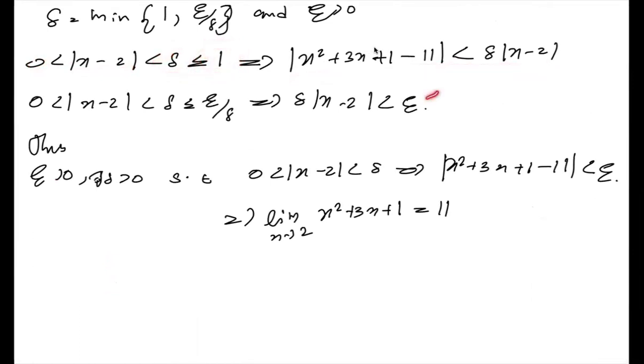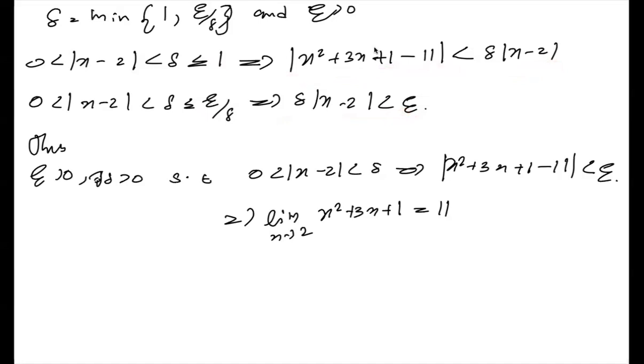But in order to satisfy the other, I need the absolute value of x minus 2 less than epsilon over 8. So these are 2 different delta values. In order for these 2 inequalities to hold for 1 delta value, we need to pick 1 common delta that can satisfy both together.